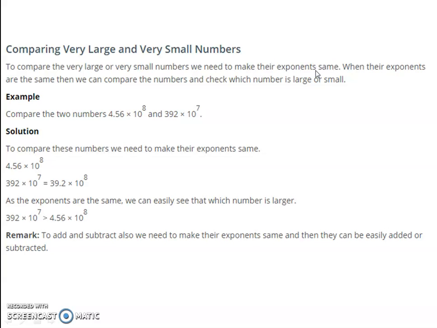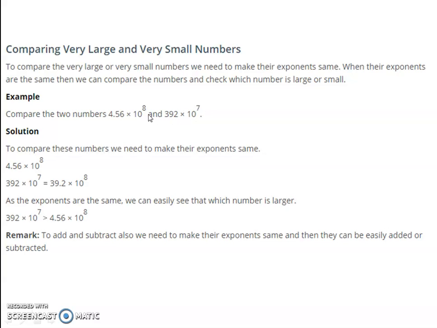This is a very important rule. When their exponents are the same, then we can check which number is large or small. Example: compare 4.56 into 10 raised to 8 and 392 into 10 raised to 7.